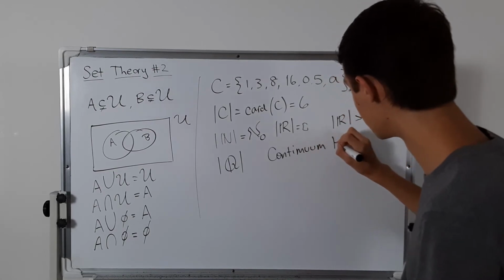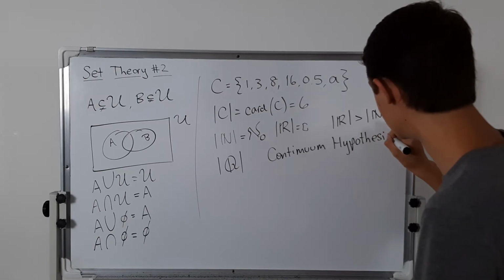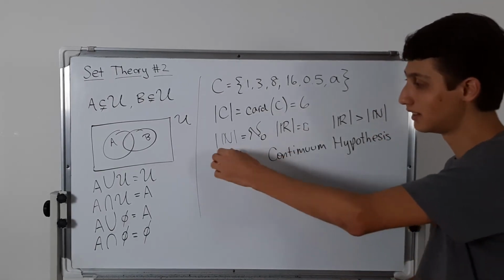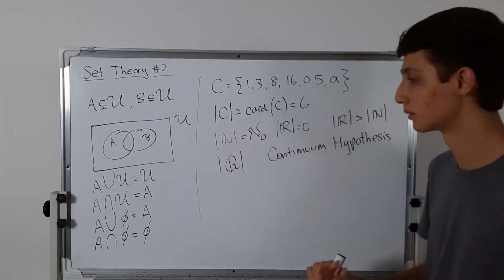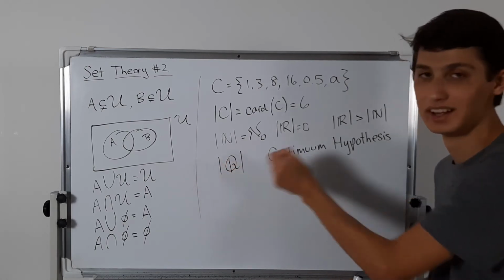Basically, it says that there's no set that is between the size of the natural numbers and the real numbers. And you might feel like, well, we just showed the rational numbers, right?